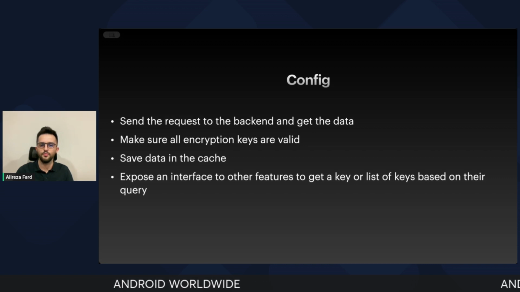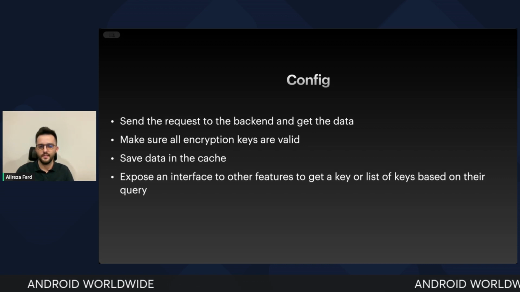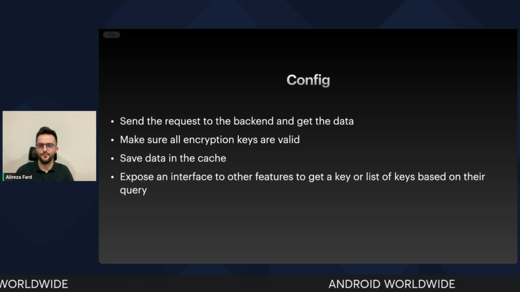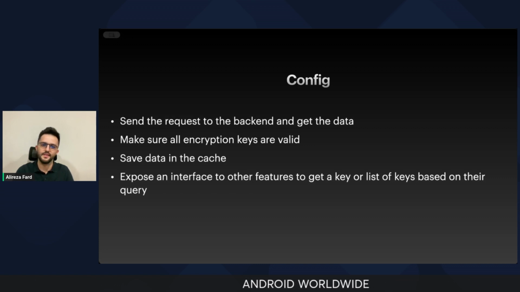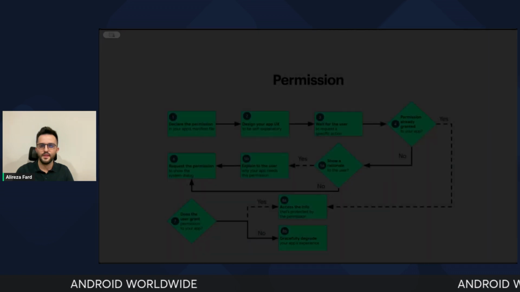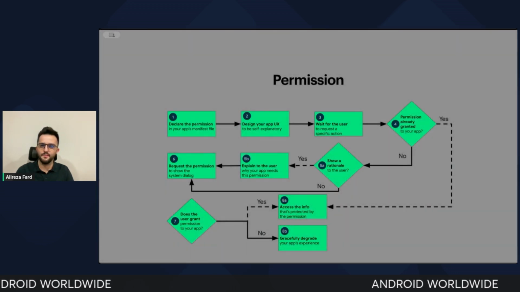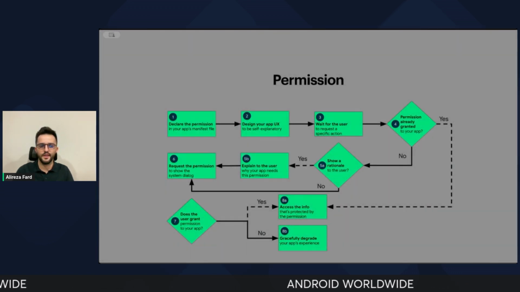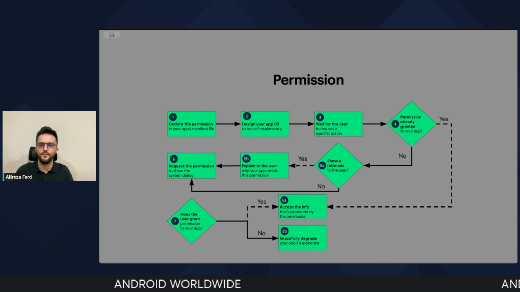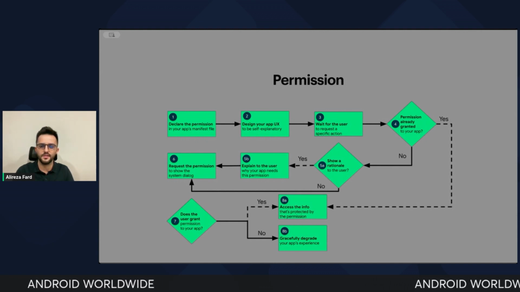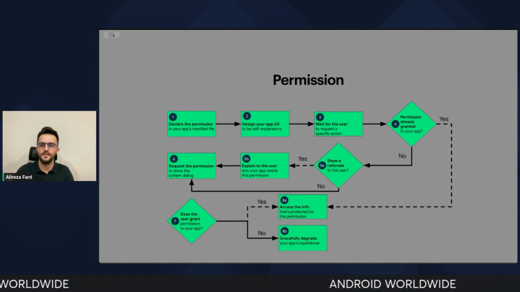And if you want to put it in a library, it does not pass the requirement of the library because it contains the feature related stuff. Another thing is permission, and based on this diagram from developer.android.com, which is a recommendation diagram from Google, Google recommended this way to show a permission to the user.